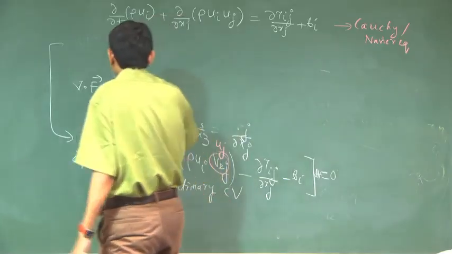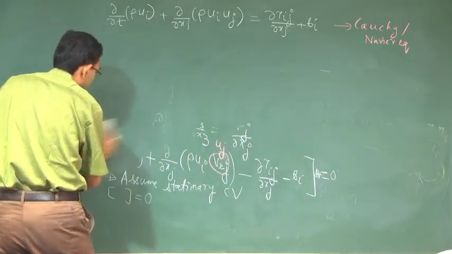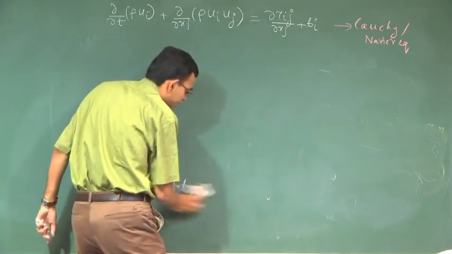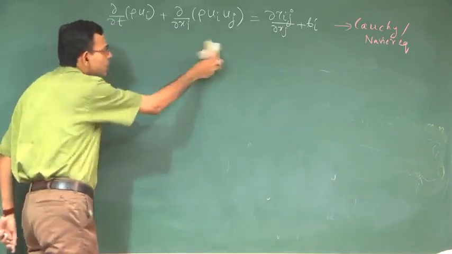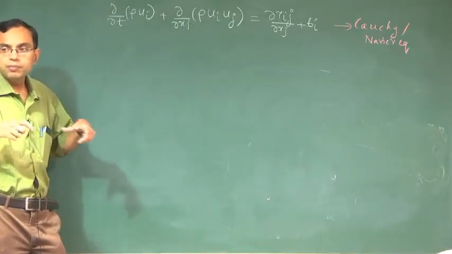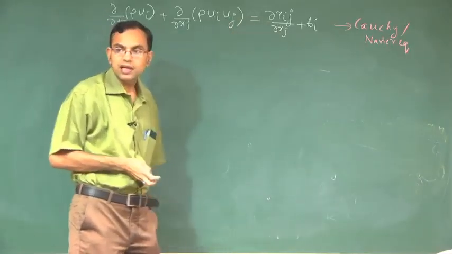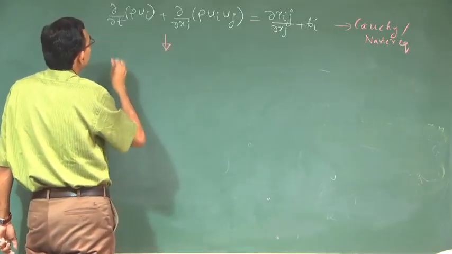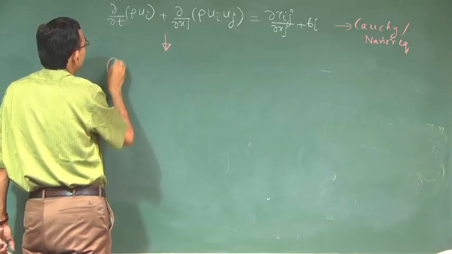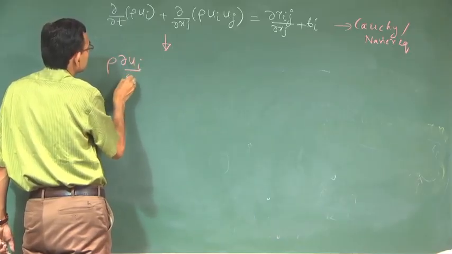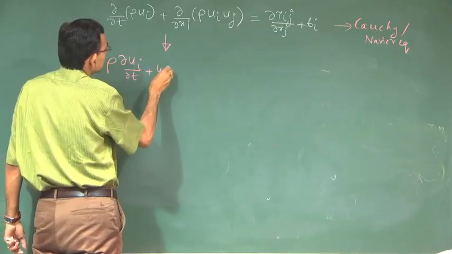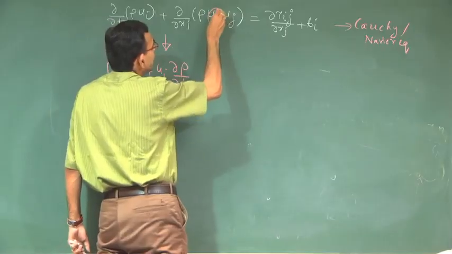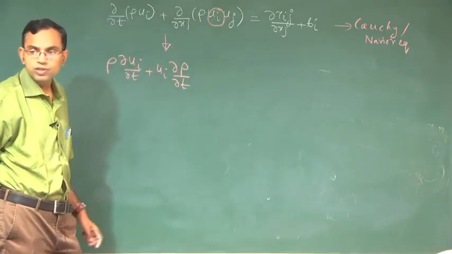Finally, we will make a little bit of simplification of the left hand side, because we want to show a meaning of this equation. You know, this looks like a differential equation with absolutely no perceptible meaning, except there are certain forces in the right hand side. So, we will simplify the left hand side a little bit. So, what we will write is, here we use product rule with ui as one term and rho into uj as another term.